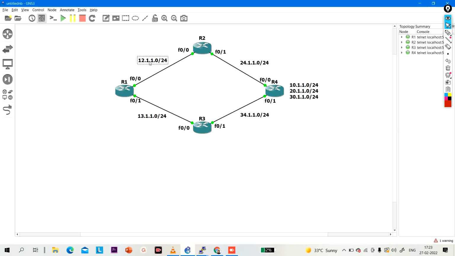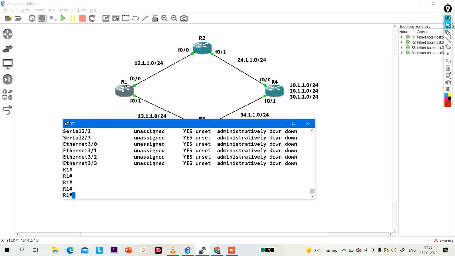So I have configured 12.1 on this interface, FastEthernet 0/0, and 12.2 on this interface, right? And between router 2 and router 4, I am using network 24.1.1.0. So I have configured 24.1.1.2 over here and 24.1.1.4 over here, right?